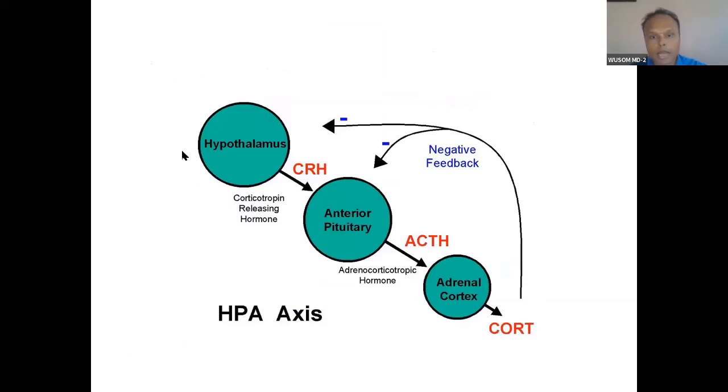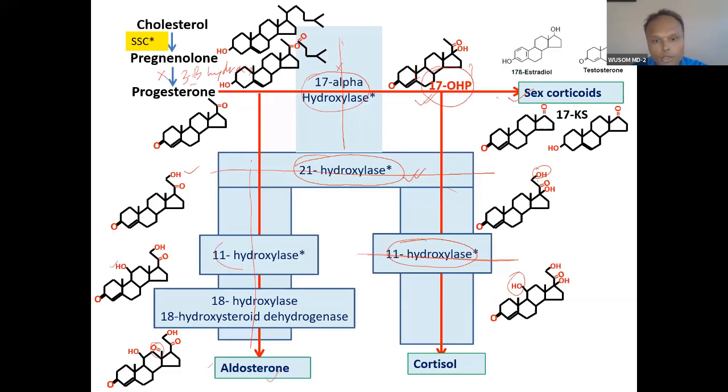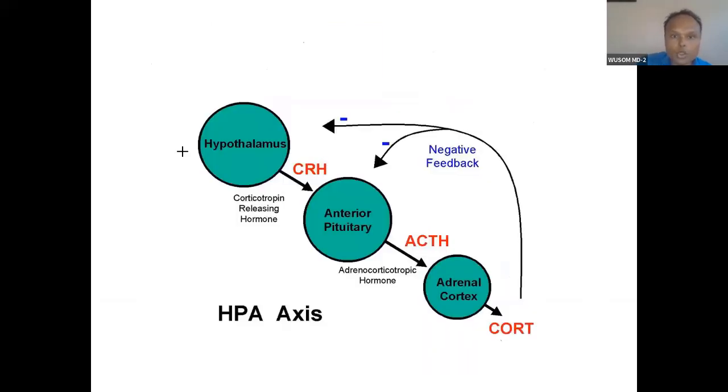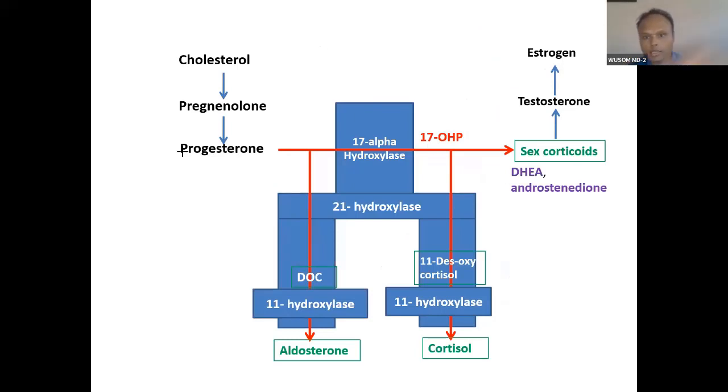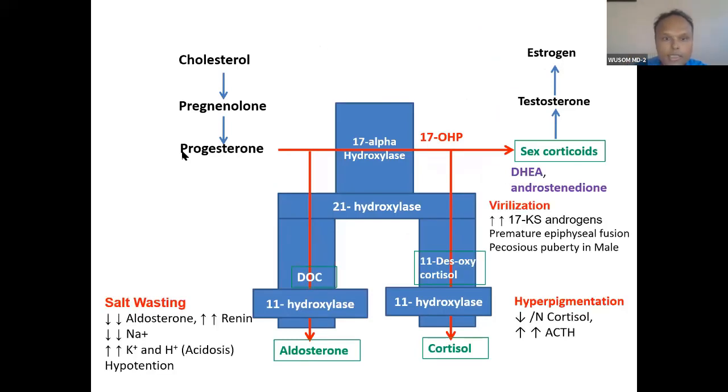So you know the feedback regulation. If there is no production of cortisol, if cortisol is low, what will happen? ACTH will be high. You know this feedback. If ACTH is high, it will cause hyperpigmentation. So you can see everything is a disorder.